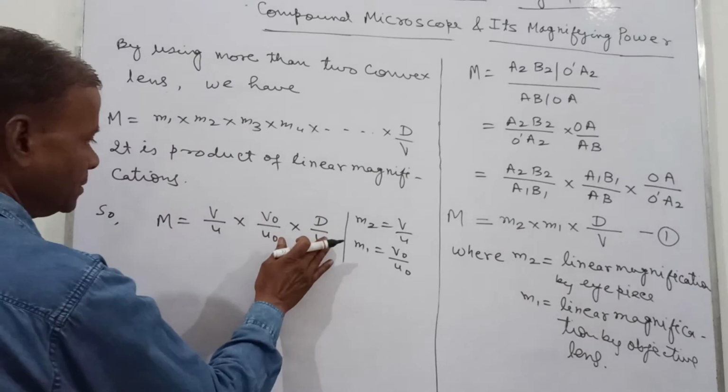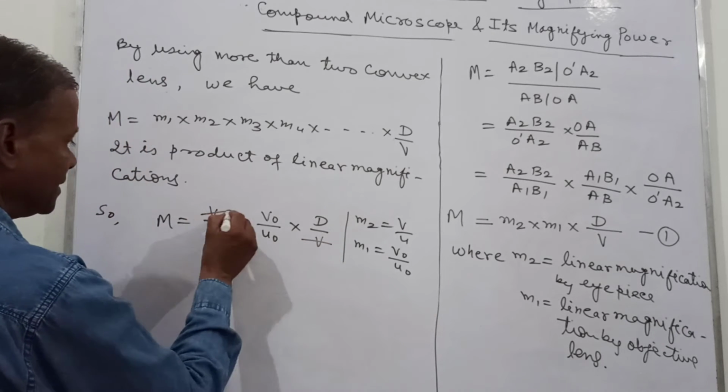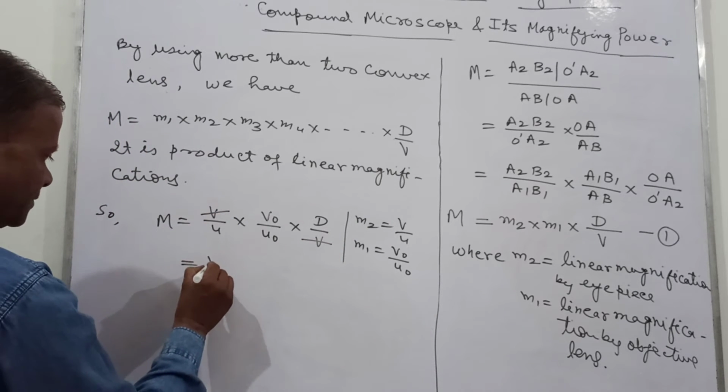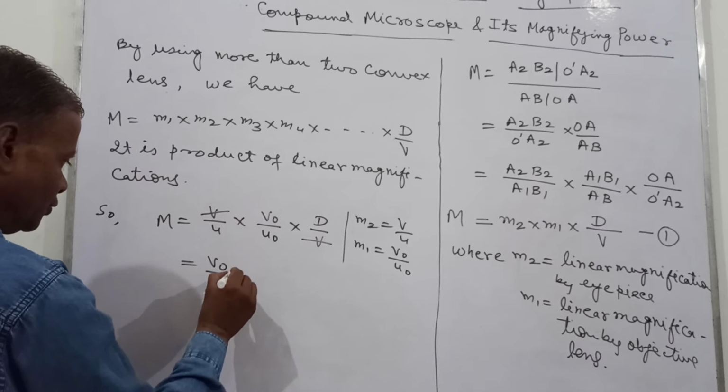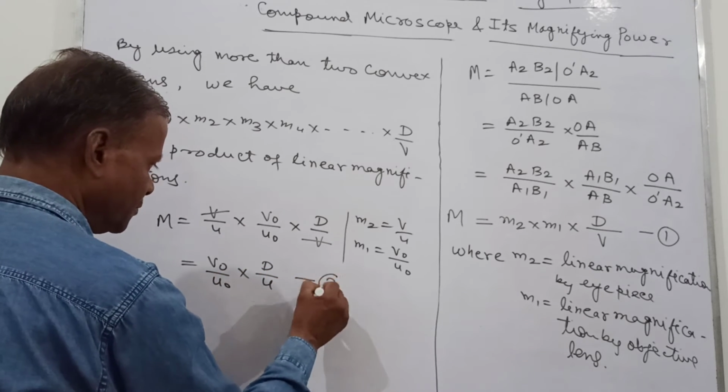So now you can see D upon V, and this V and V will cancel from here. So we will have V naught upon U naught into D upon U. This is now relation number 2.